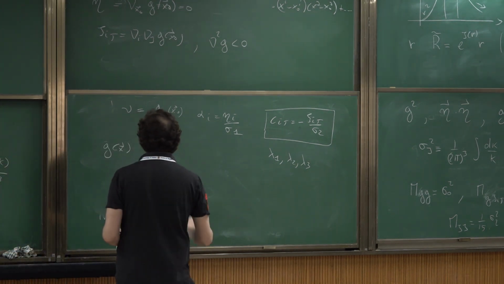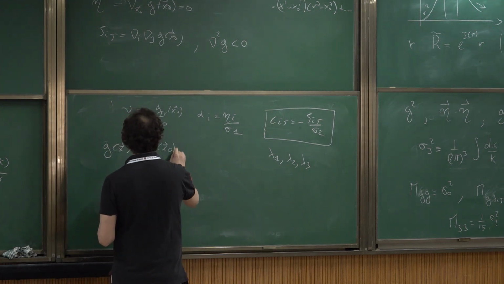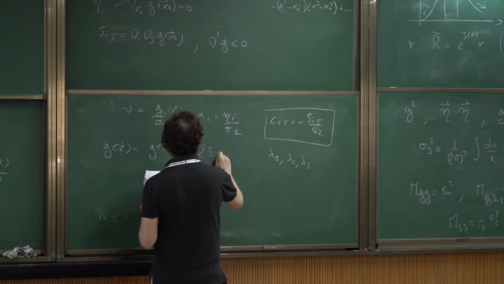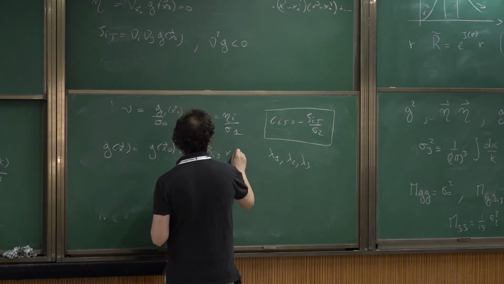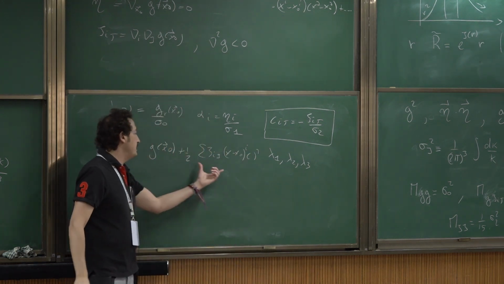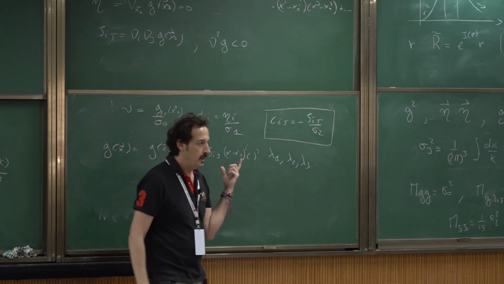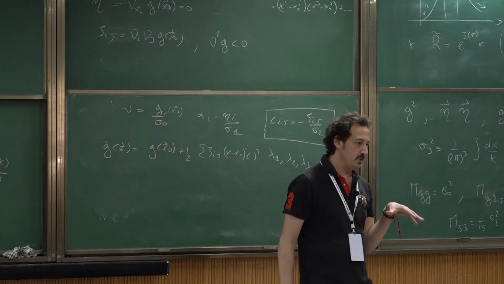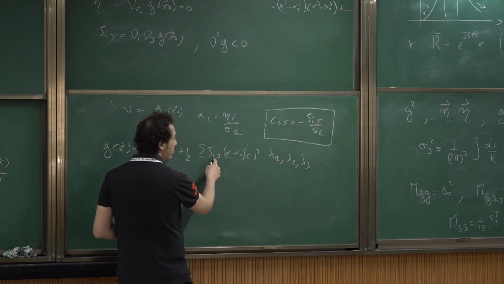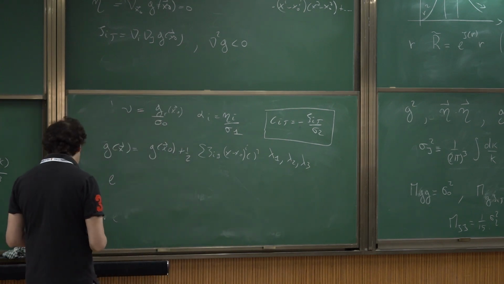Now g of x is equal to g of x0 plus 1/2 sum of psi ij, times x minus x0 i and j. This is a quadratic form, and in fact it's the equation of an ellipsoid. So that's where we get to know the sphericity. If I use the eigenvalues, I can define the sphericity parameters.